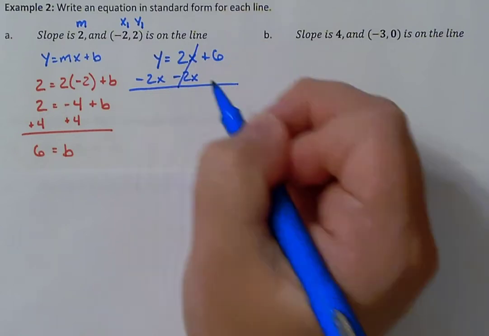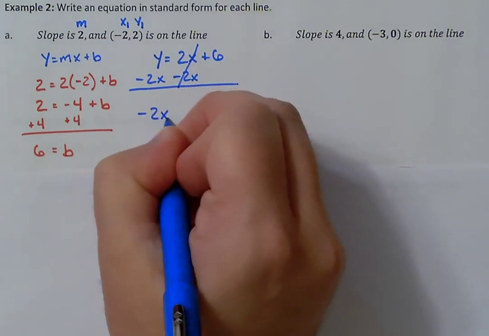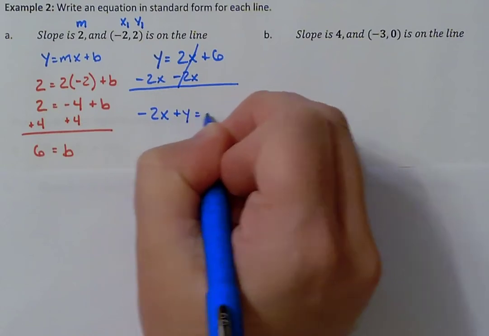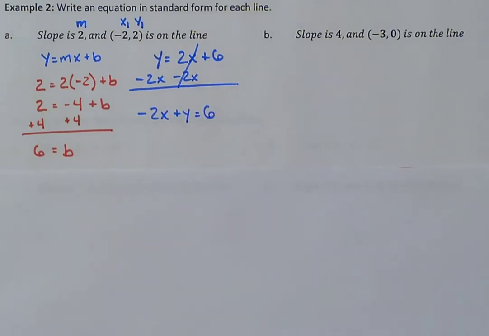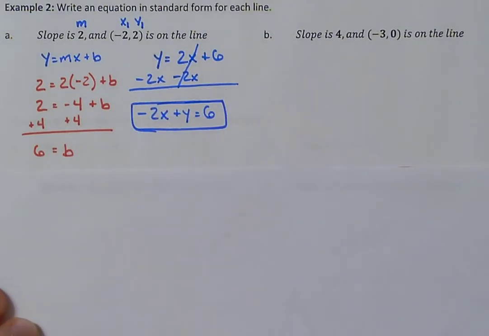So when I subtract 2x from both sides, it cancels on the right, and I'm left with negative 2x plus y equals 5. Are x and y on the same side? Yes. Is the constant on the right just the plain number? Yes. Do I have any fractions? No. Therefore, I am good, and this is my answer.